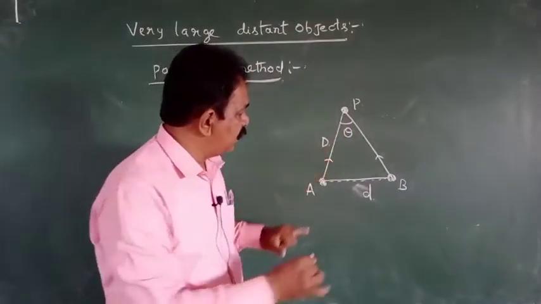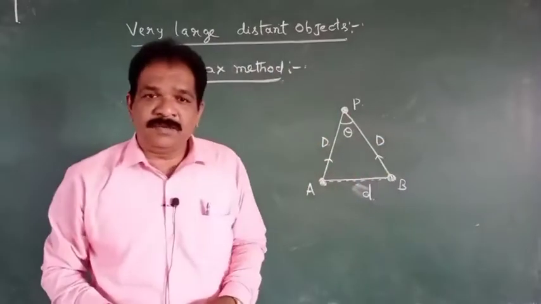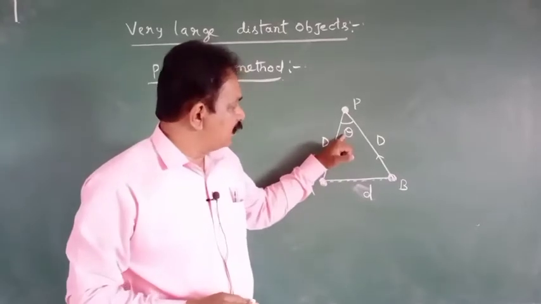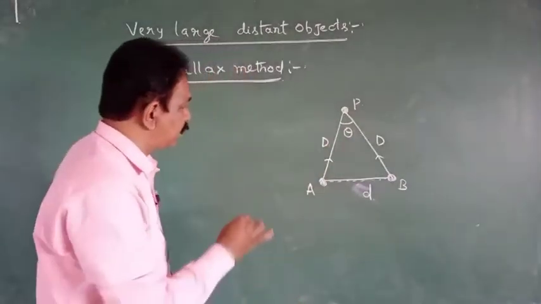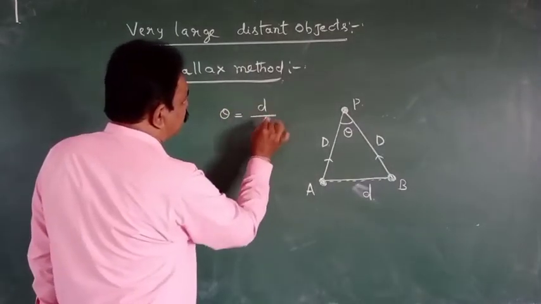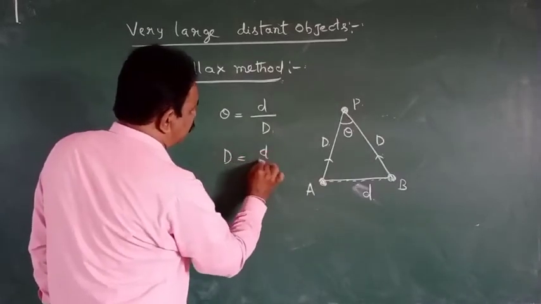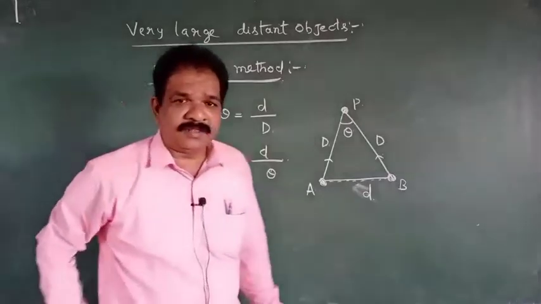Because it is a straight line, obviously it will also be equal to D. So angle is equal to arc length by radius. From that formula, theta is equal to small d by capital D. From that, capital D is equal to small d by theta.